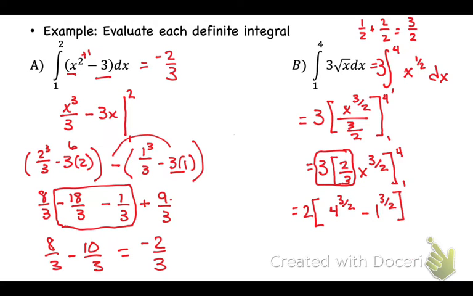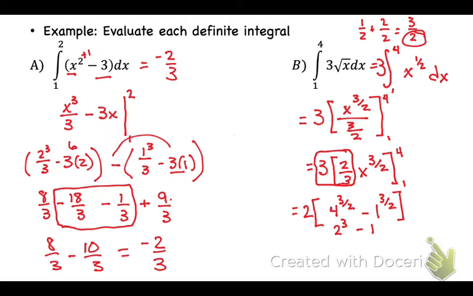Okay. Well, in the 3/2, the 2 tells me square root, correct? So what's the square root of 4? 2. So I'm really doing 2 cubed, aren't I? And then you would be doing 1 cubed. Well, 1, yeah, just 1, right?